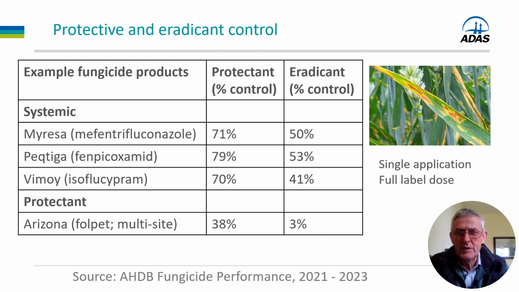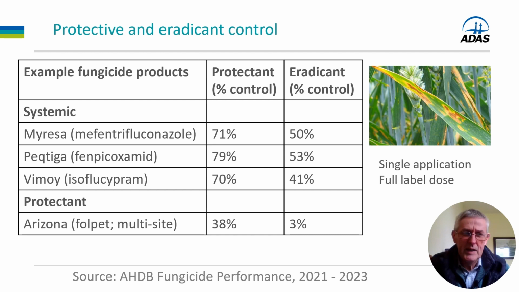But if those fungicides are applied in eradicant situations when there's latent lesions, the level of efficacy that's obtained is still very useful, but is significantly lower. So let's just look at that now in a bit more detail in relation to spray timing.